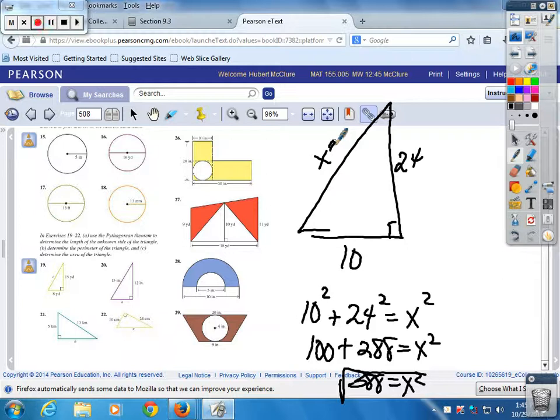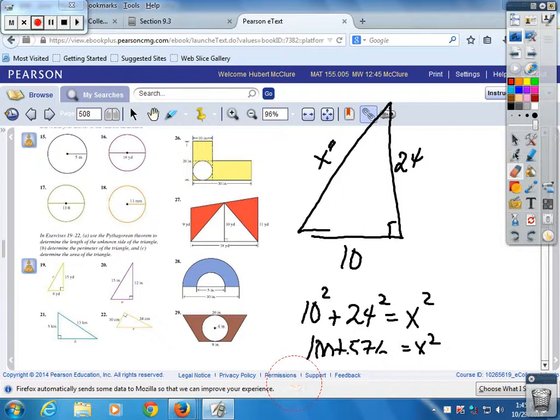What's 24 squared? 24 squared is 576. Well, y'all should have said something. So 100 plus 576 will be 676, equal to X squared.